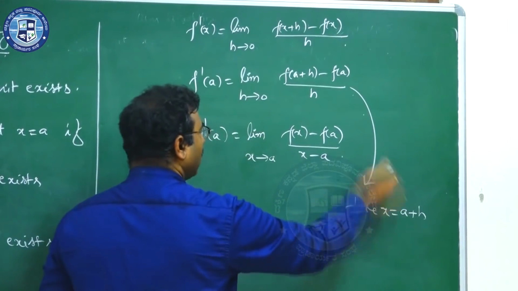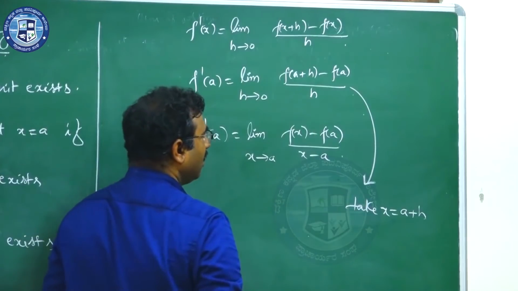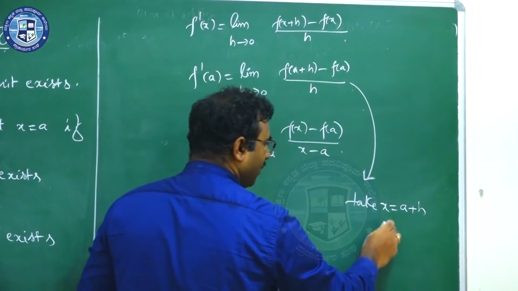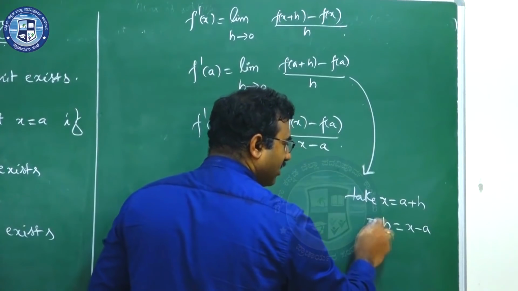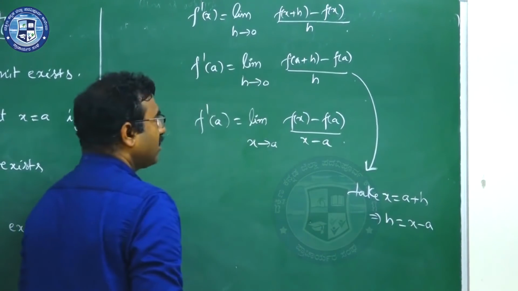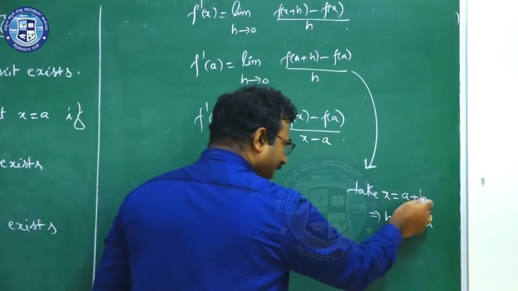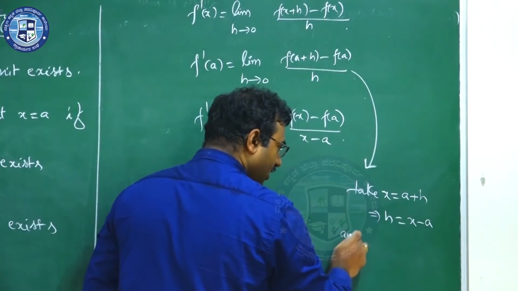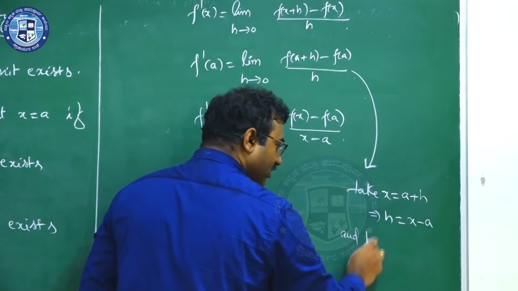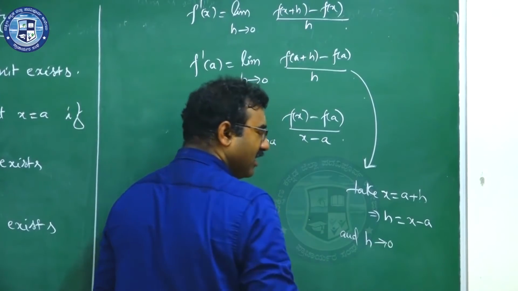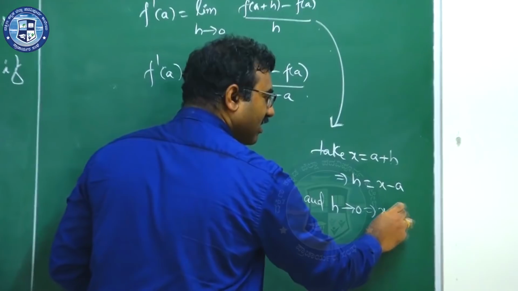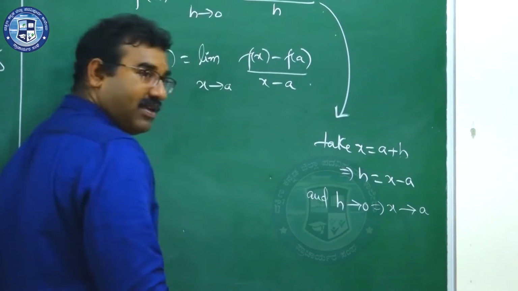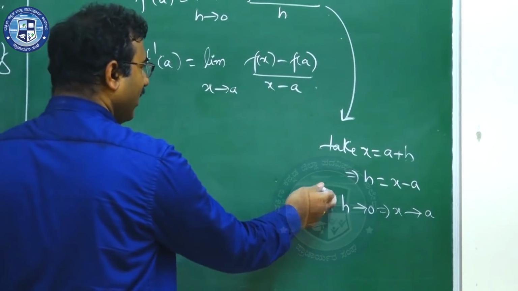When I take x is equal to a plus h, then h becomes x minus a, which implies h is equal to x minus a. And one more point, when h is tending to 0, then x is tending to a definitely. Now the same thing we are replacing here.